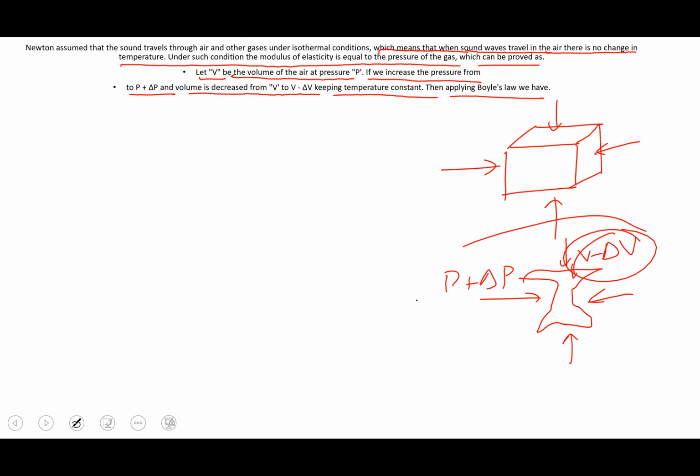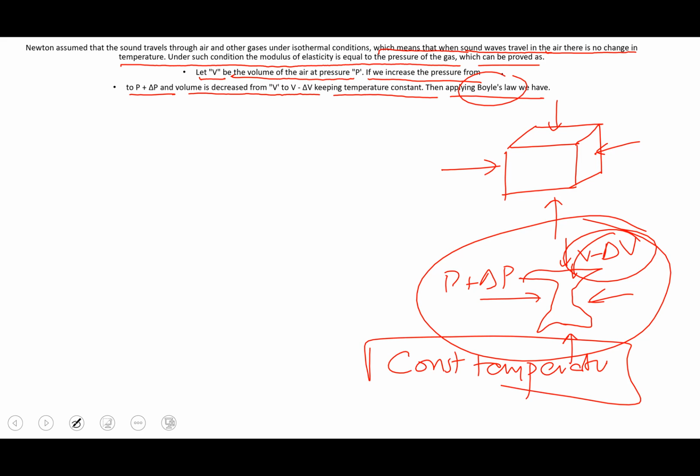All of this is under the action of isothermal condition, in which we say that it is at constant temperature, which is basically Boyle's law. Boyle's law says that pressure and volume are inversely proportional to each other at constant temperature.